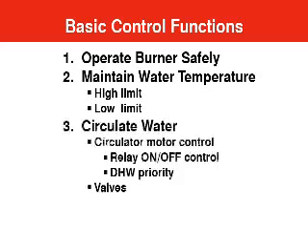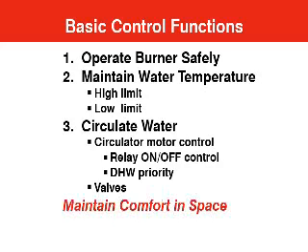And finally, we need to control the circulation of water throughout the home or building. The thermostat turns the circulator on and off on each call for heat, all with the ultimate objective of maintaining a comfortable space temperature. There are two common fuel sources used for boilers, either gas or oil. Additional lessons in this series cover in detail these combustion burner systems.